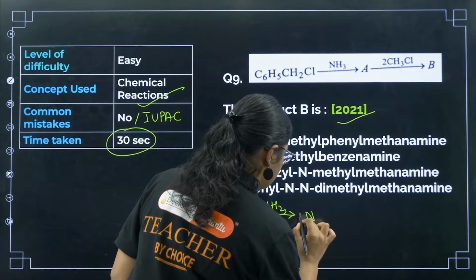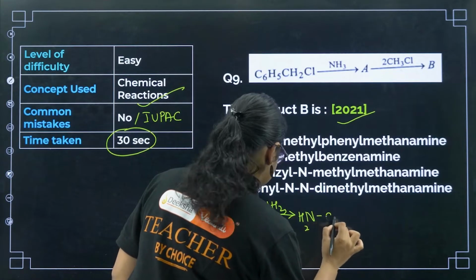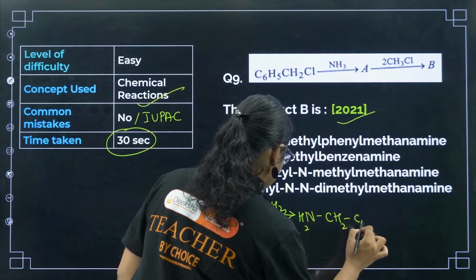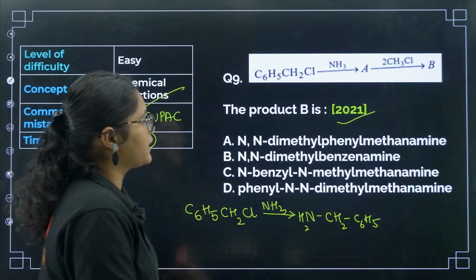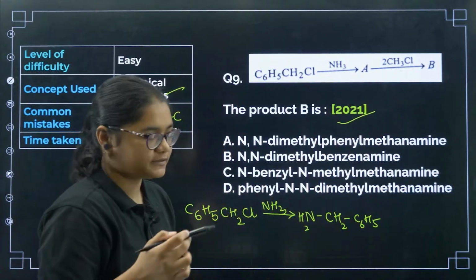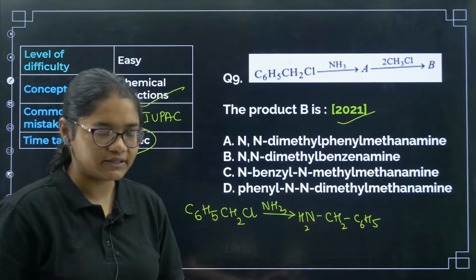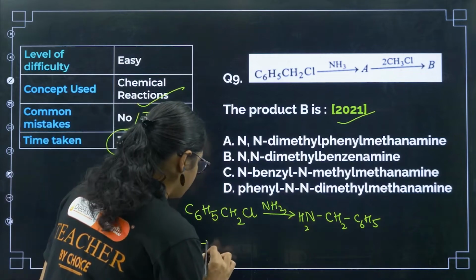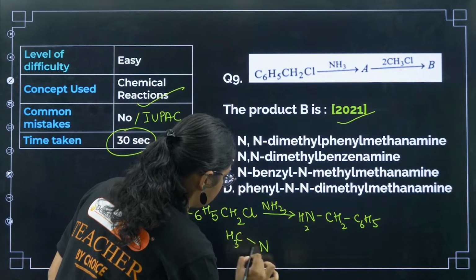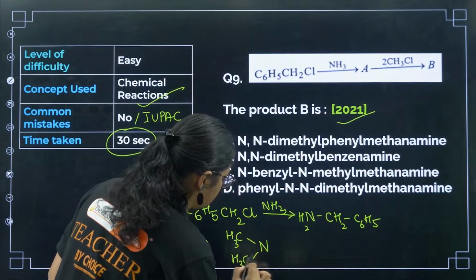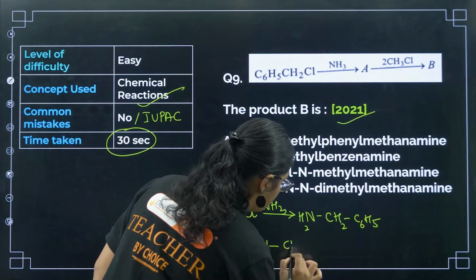So I will get NH2CH2C6H5. Now again if you react, we have two methyl groups. So two hydrogens will be replaced with CH3 group. So what will I get? I'll get N, CH3, CH3, CH2, C6H5.